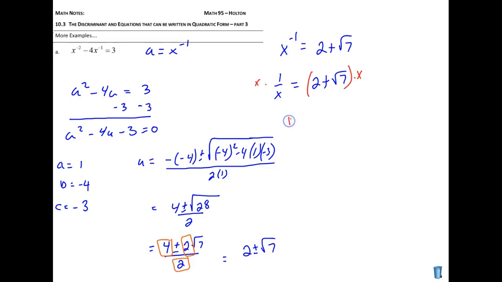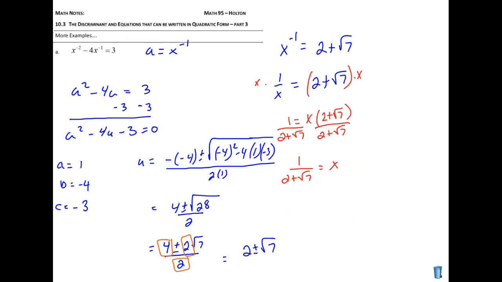So I really have now 1 is equal to x times 2 plus square root 7. I wrote the x part first, no big deal. And then I'm going to divide by 2 plus square root 7 to get that away from the x. So now I have 1 over 2 plus square root 7 equals my x.